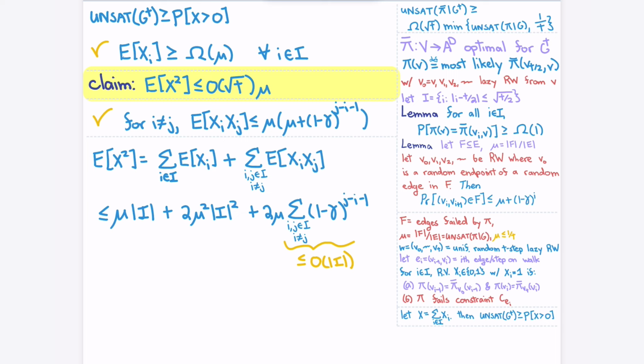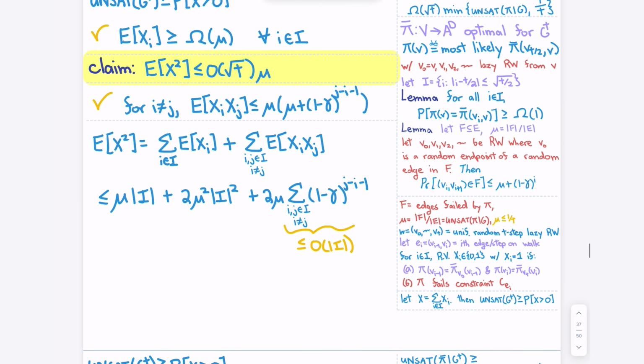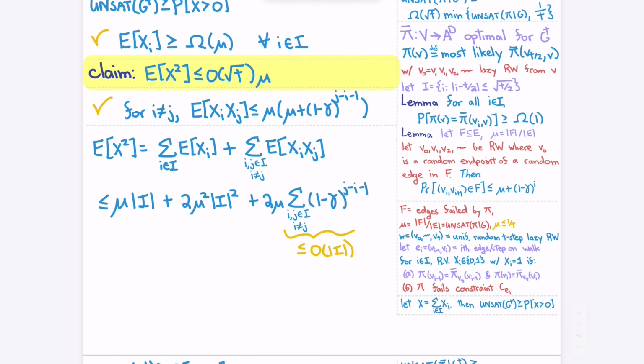And even this looks messy, but we bound them all, and you get another size of I term. Oh no, you don't bound them all by 1. You have to look a little bit more carefully. But ultimately, because there are two summations in there, it's i and j, it's not bad.